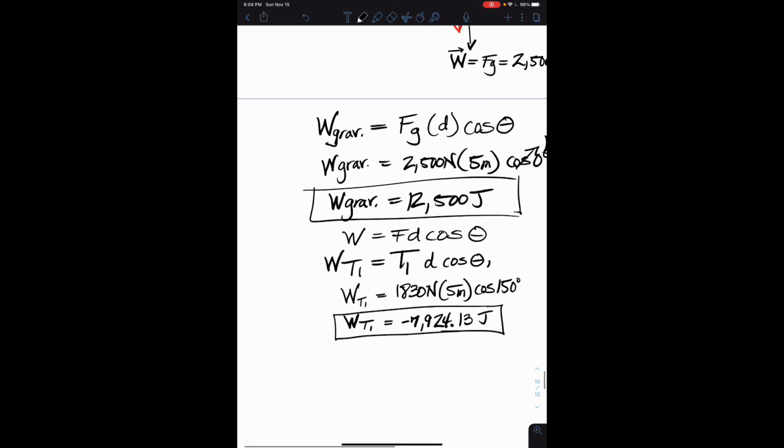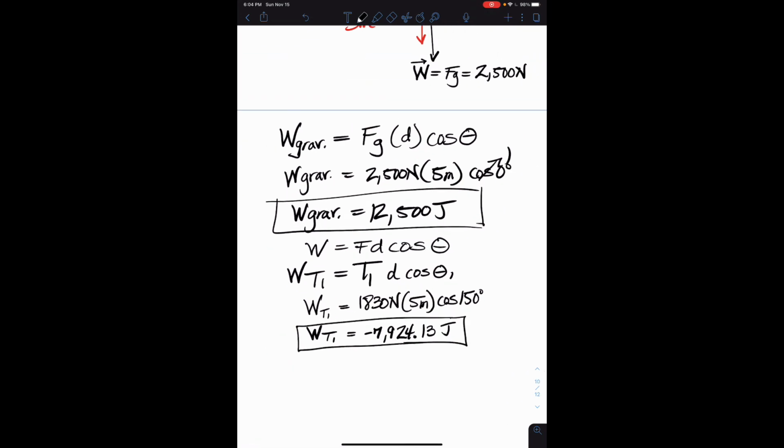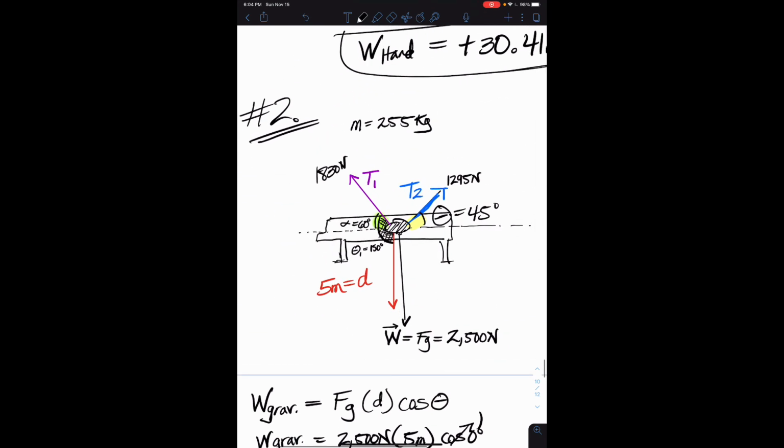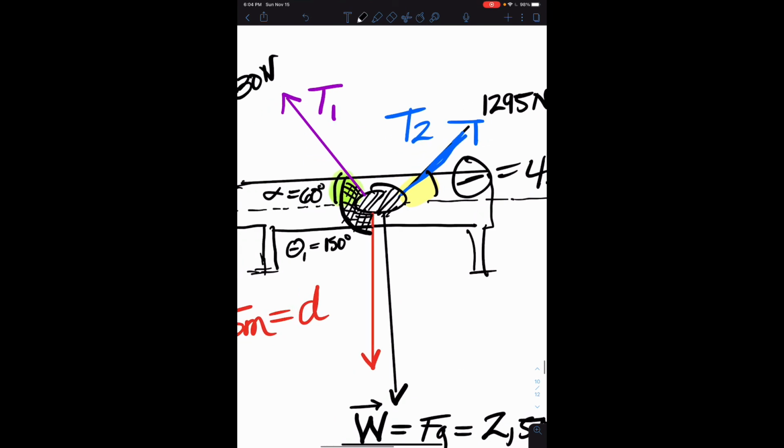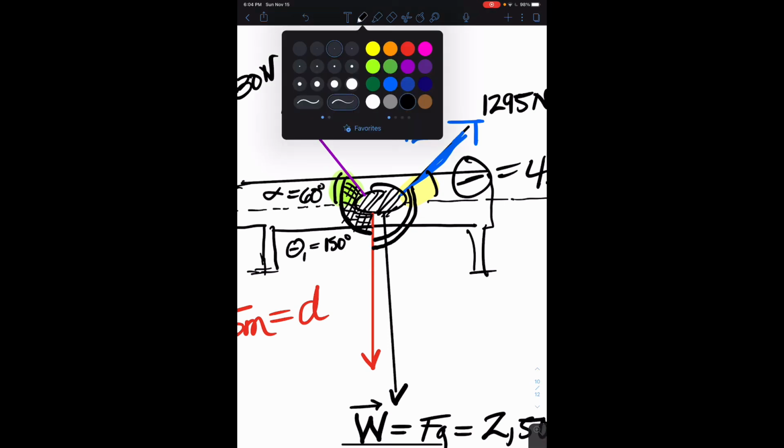Now let's go ahead and do the same thing on the other side. So this angle right here, maybe I can add a little color there to clearly show you that.